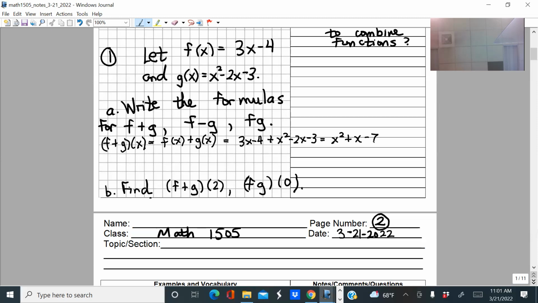Did I do that right? I think so. So there's my formula for the function f plus g. That's a different function from the original two functions, f and g, that we started with.